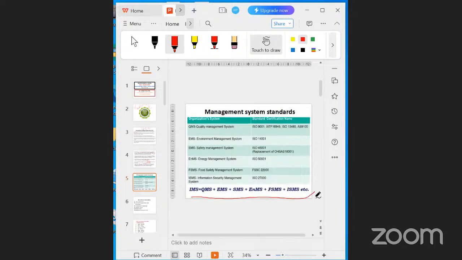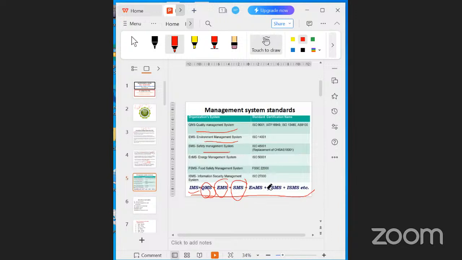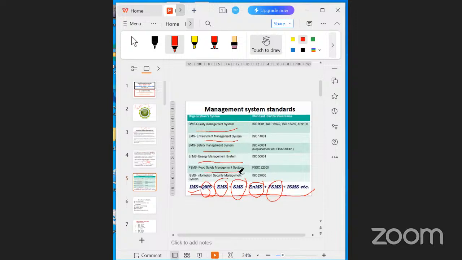So IMS, the integrated management system, is equal to QMS, the quality management system, plus EMS, the environmental management system, plus SMS, the safety management system, plus ENMS, the energy management system, plus FSMS, the food safety management system, plus ISMS, the information security management system.